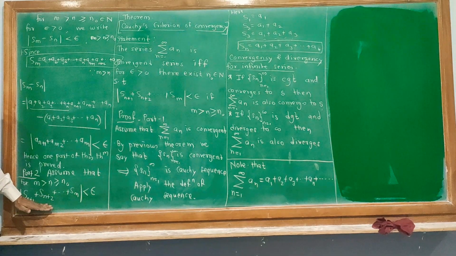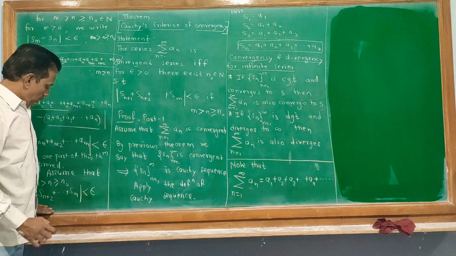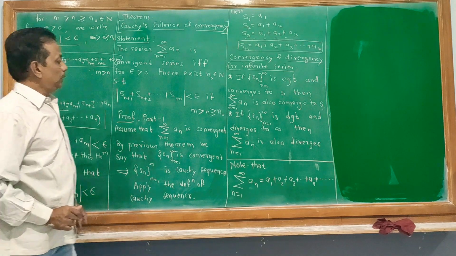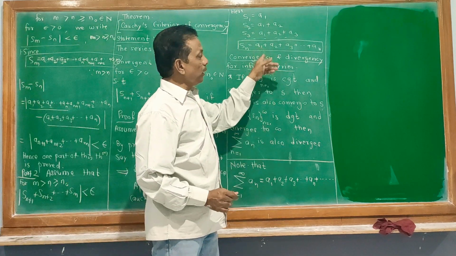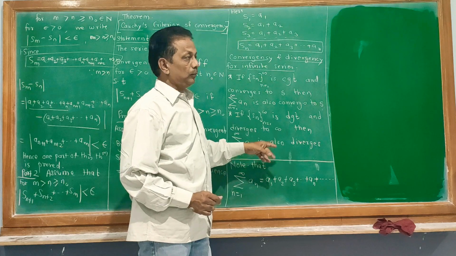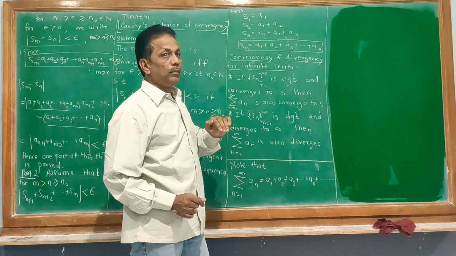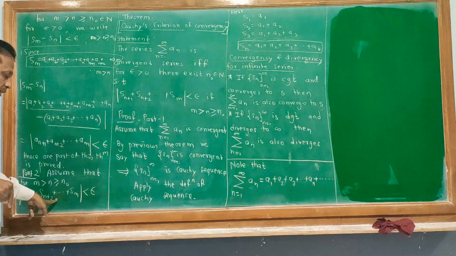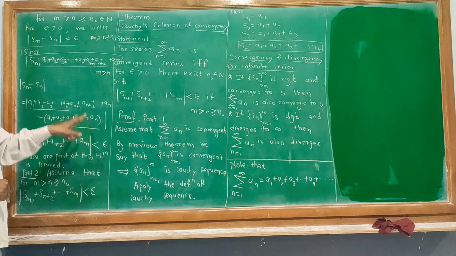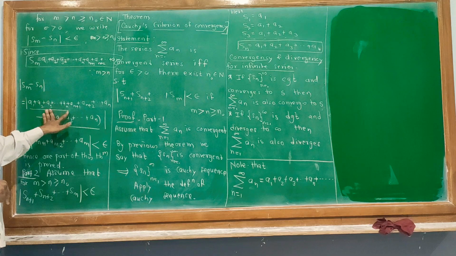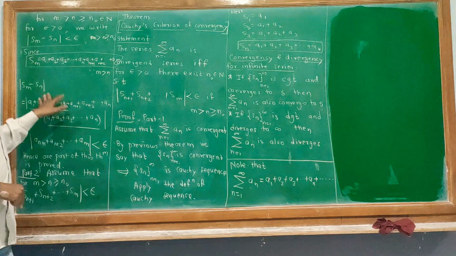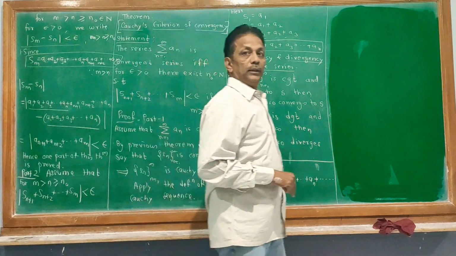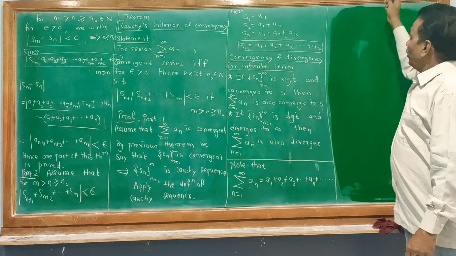From this statement, we observe that with our usual conventions, Sn, Sm, with the help of that, we can rearrange these terms like this. And then ultimately we write the original forms.